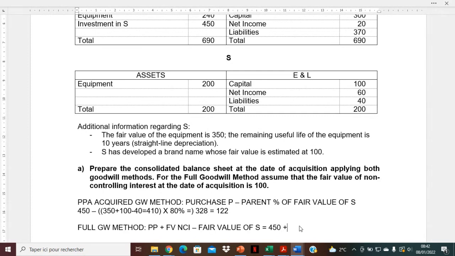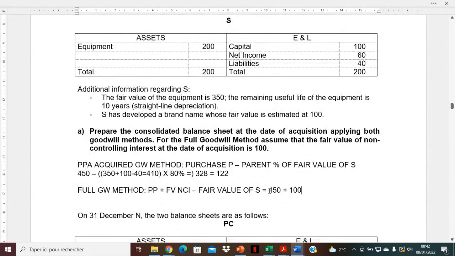Now I need, obviously, as additional information, the fair value of non-controlling interest. And here it's indicated in the exercise that we should assume a fair value of non-controlling interest of 100. So therefore I will add 100 to the purchase price. So that means here, hypothetically, it is like I paid 550 to acquire 100% of the company. Roughly, that's the idea, although it's not precisely that.